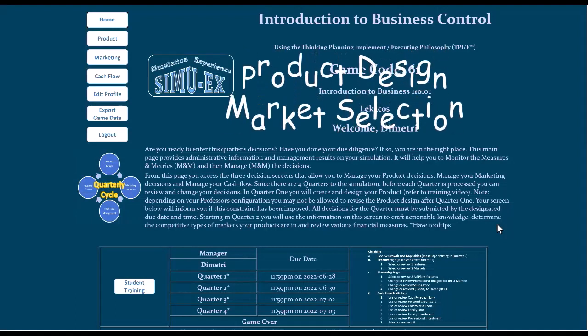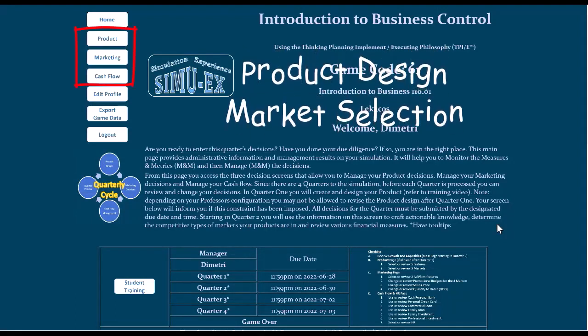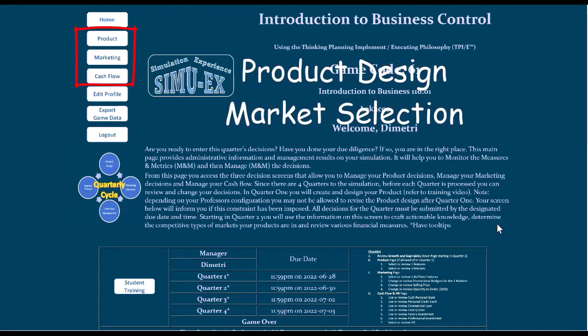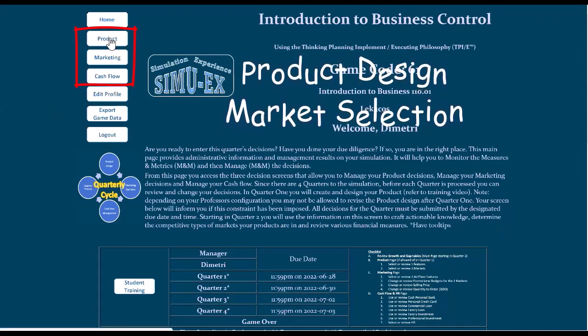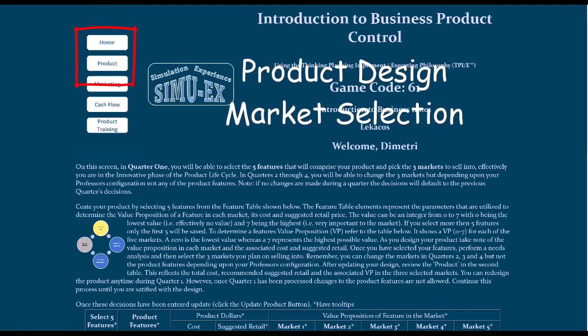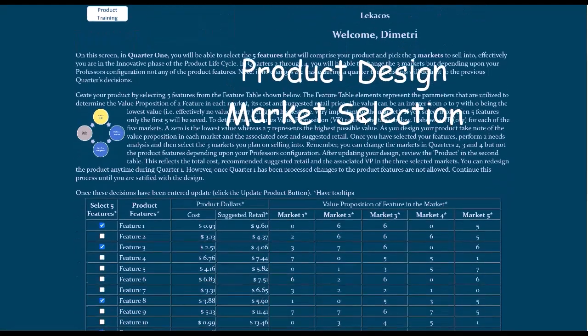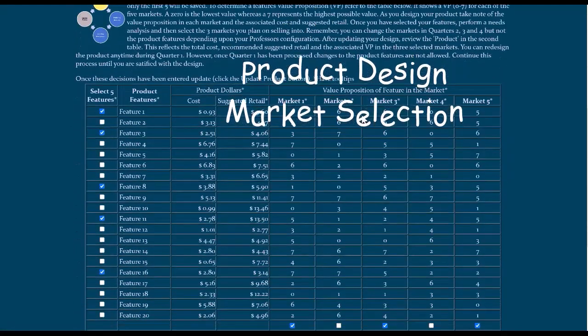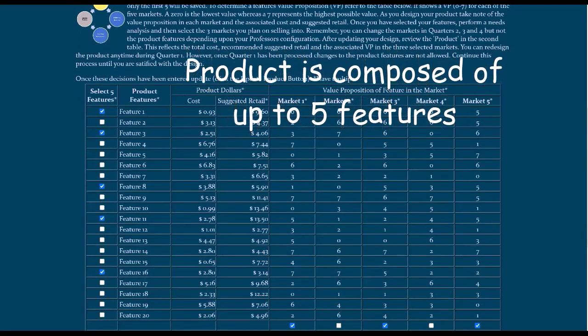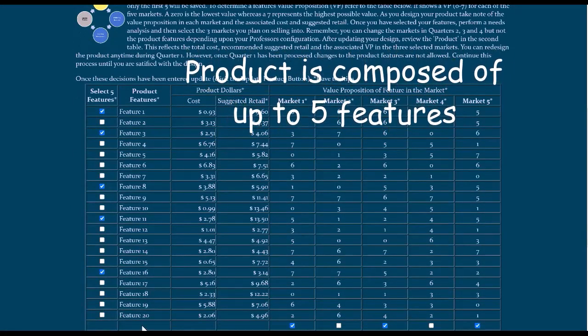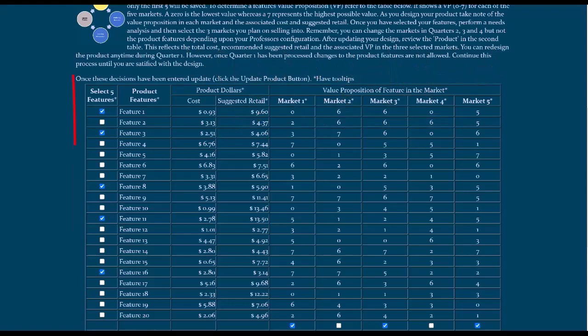Once we have completed the due diligence, we then begin the next phase of our managerial process. And that is, we look at the product design and the associated markets. Now, when we look at the product design, there are 2 major elements that we need to understand. First of all, our product is going to be composed of up to 5 features.